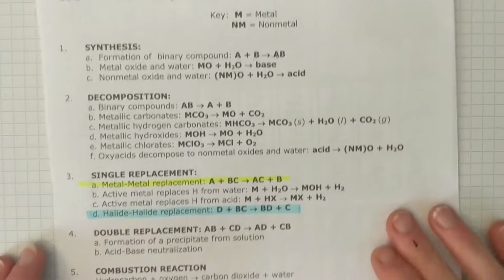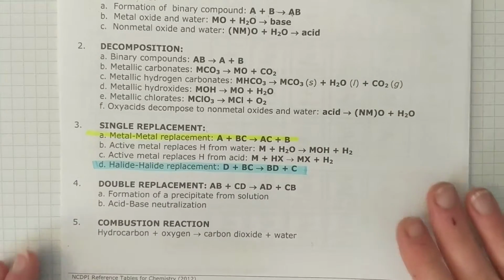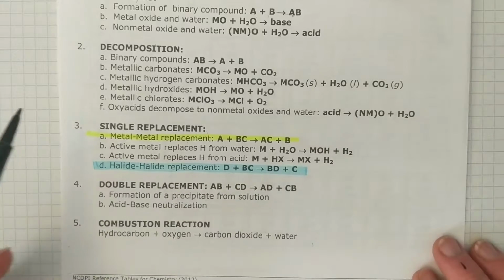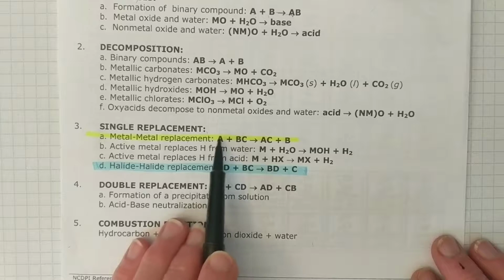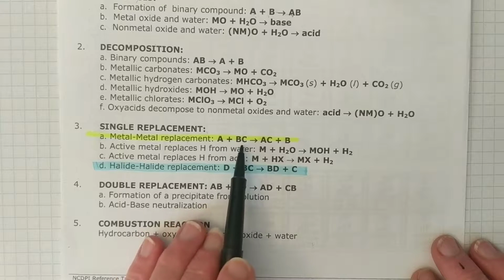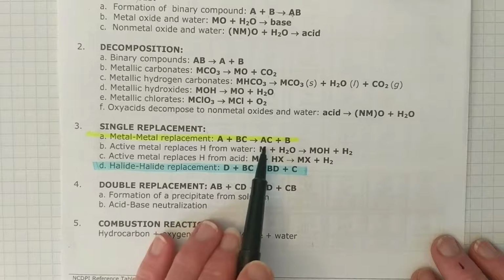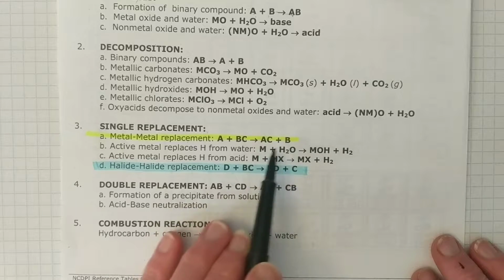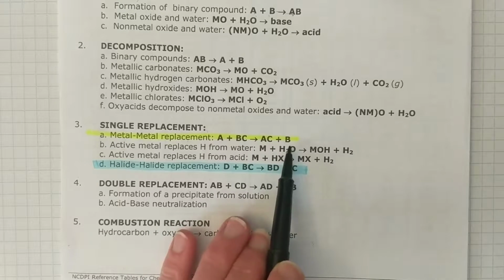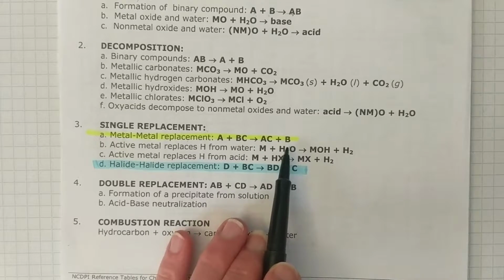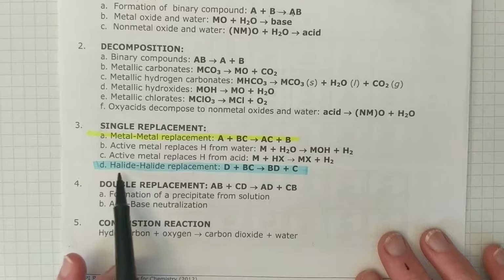Today we're going to look very carefully at single replacement reactions, more specifically at metal-to-metal replacement. This is where you have a lone element and a compound that's in solution, and the lone element replaces the metal in the compound, and the metal from the reactant compound becomes a metal by itself in the products.